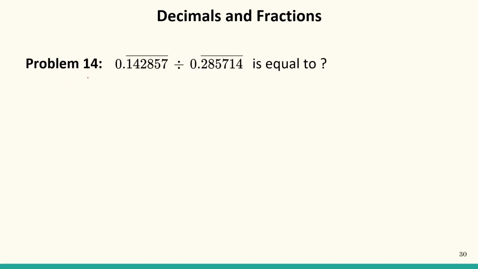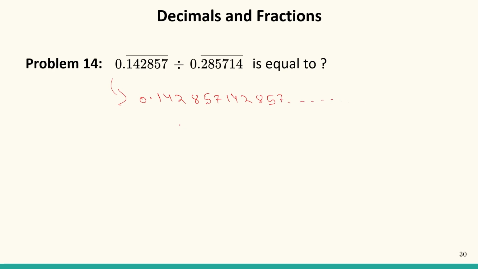So let's jump into problem number 14. Whenever you are given a number with a bar symbol, that is, repeated digits after the decimal, it is actually equal to 0.142857, and this 142857 is repeated and repeated and so on.